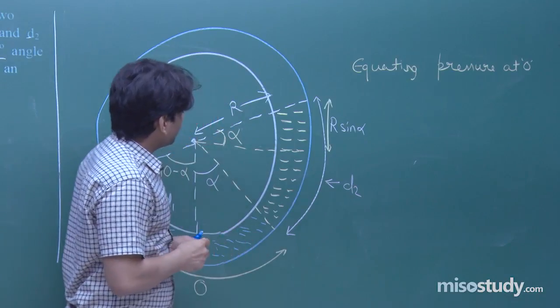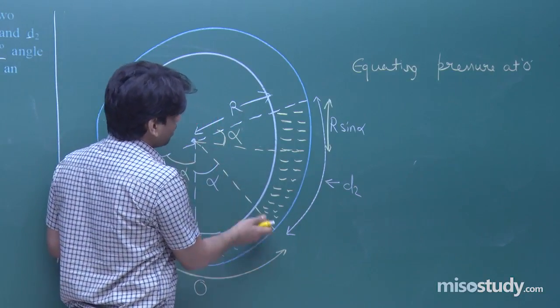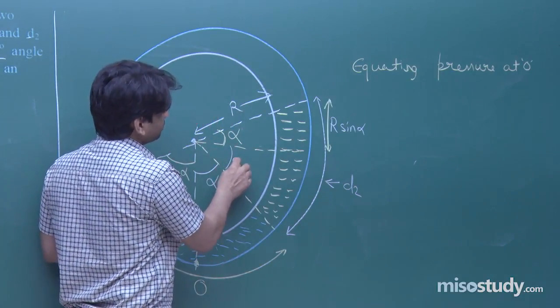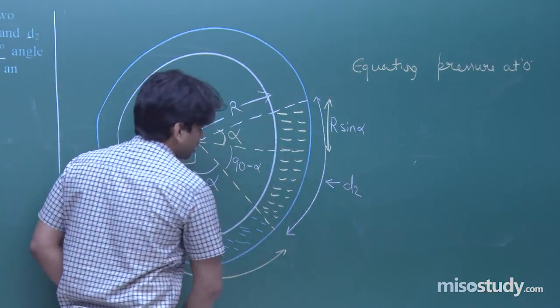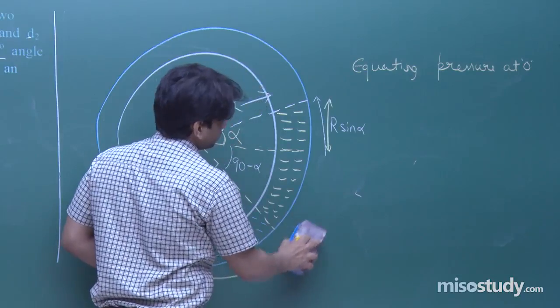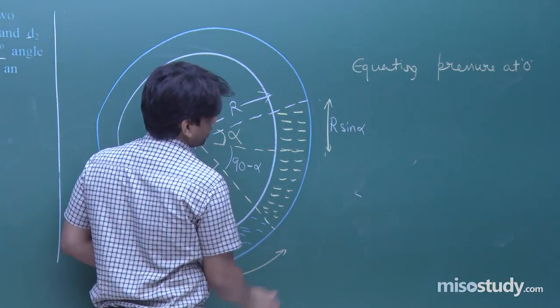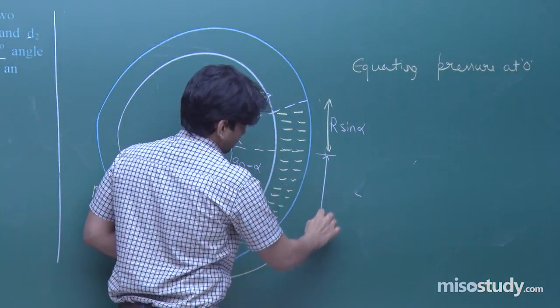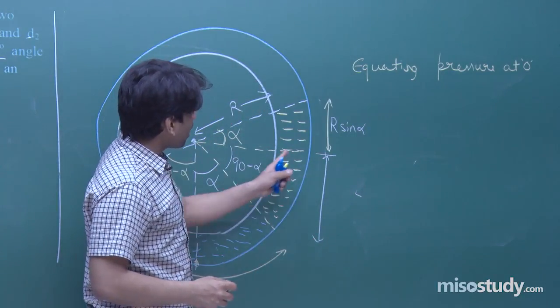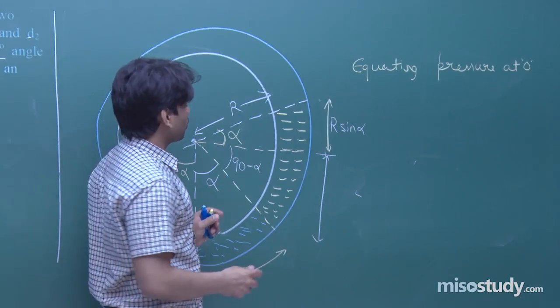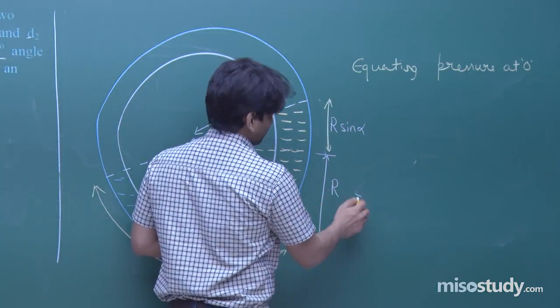Now you see, this is R, this is 90 minus alpha, quite clear to us. So this height, from here, will be equal to R sin 90 minus alpha, that will be equal to R cos alpha.